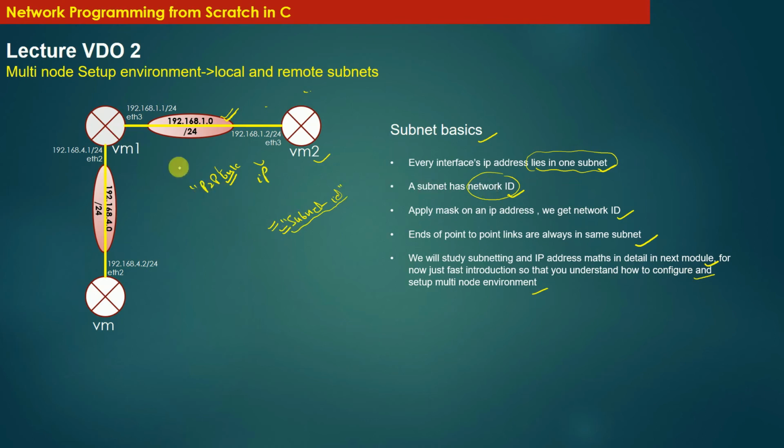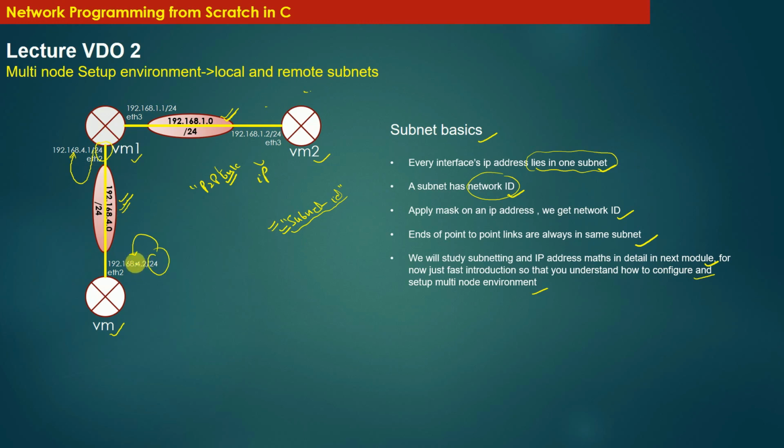Going forward, if you talk about the link between the virtual machine or router VM and VM1, and you apply the mask value 24 on this IP address, you will get the network ID 192.168.4.0/24. Similarly, on the other end of the link, if you apply the subnet mask value 24 on the IP address 192.168.4.2, you will again get the same subnet ID.